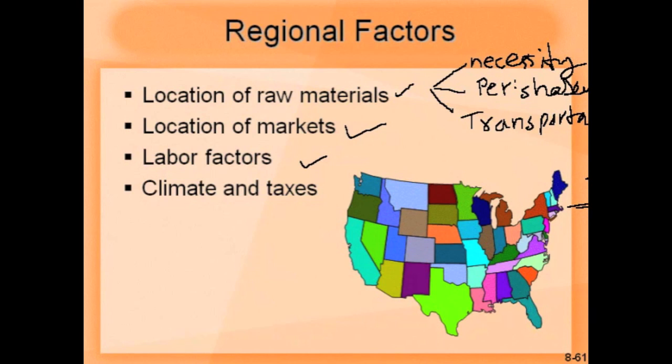There are areas where you can get labor with good skills at a lower rate. On the other hand, in some places it could be very expensive. So companies try to reduce cost by locating in areas where labor is not very expensive. Then climate and taxes could be another reason.